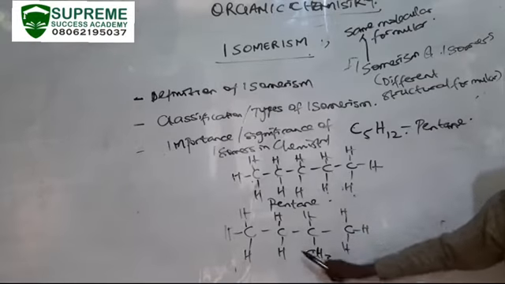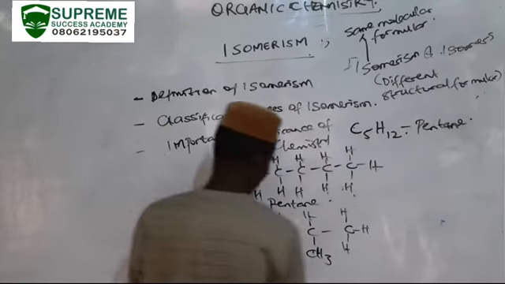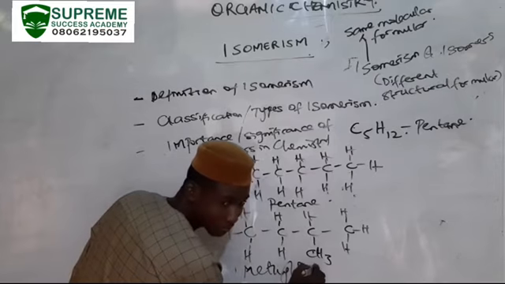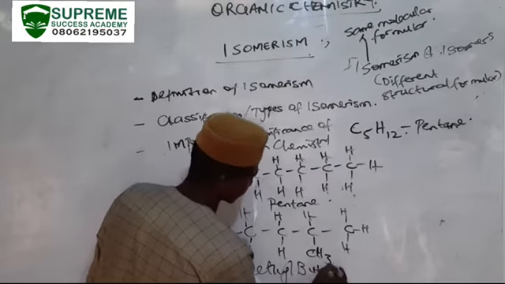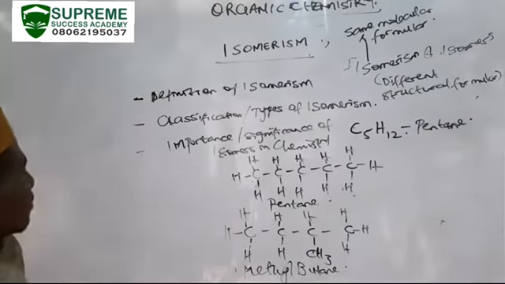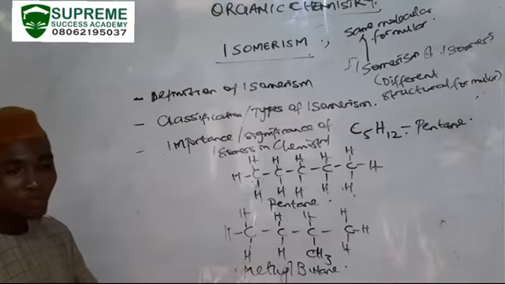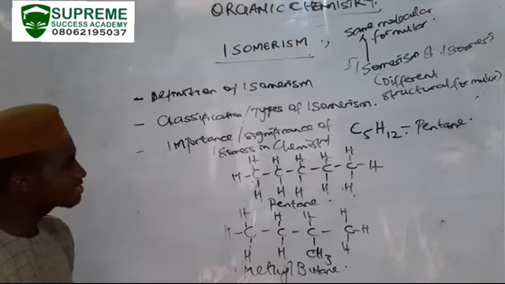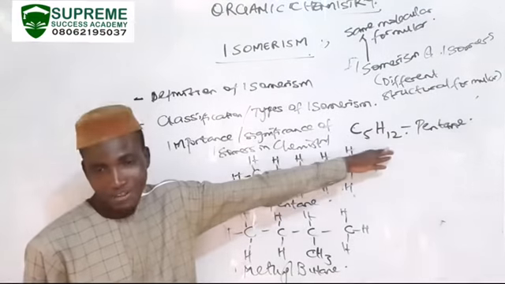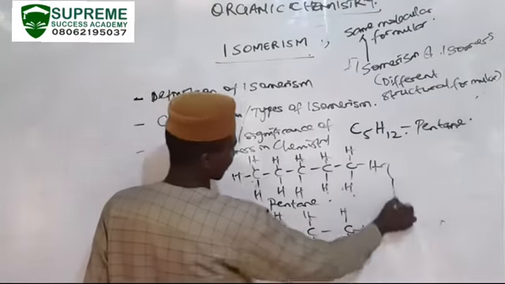Then this is methyl butane. So we have pentane and methyl butane. Both of them are isomers in the sense that they both have 5 carbons and 12 hydrogen. So the same molecular formula.